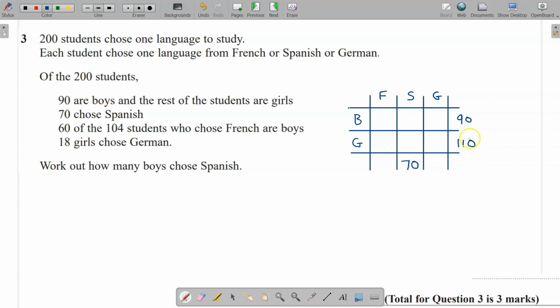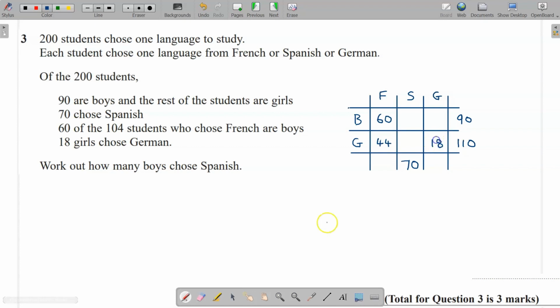Okay, and we know that 60 of the 104 students who chose French are boys, so 60 must go in there, and because there's 104 students who chose French, that must be 44 in there. Okay, and then we know that 18 girls chose German, so that must go in there.